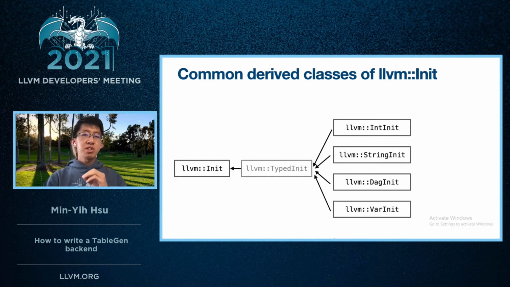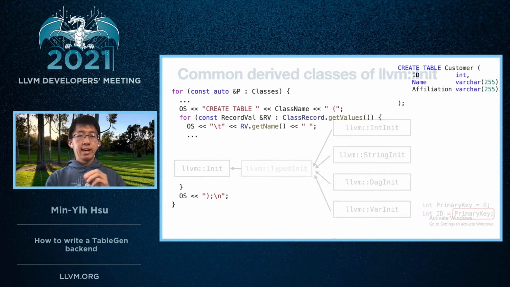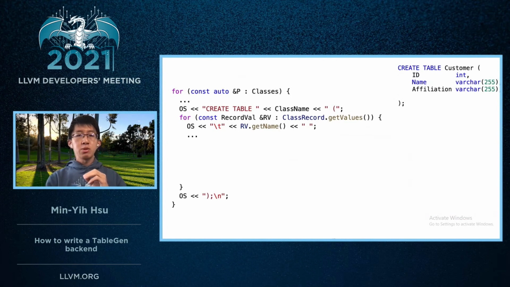Remember, in a TableGen class, the value in a field is not aggressively resolved. So like in this case, the ID field uses the primary key variable as its value rather than integer 0. And this primary key variable is represented by VarInit. And this is how we handle the primary key resolution.